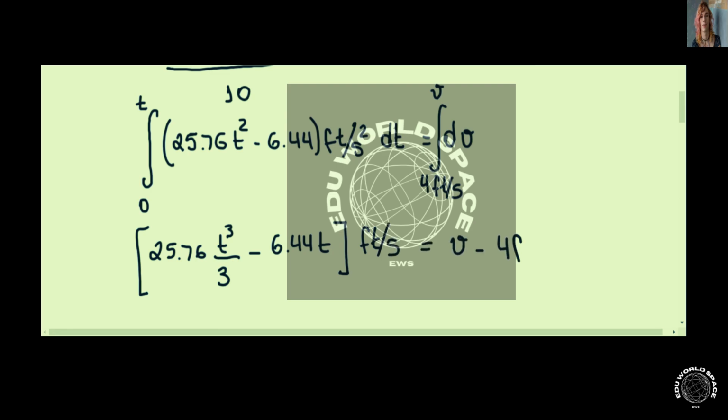Okay, so we can obtain 25.76 times t to the third over 3 minus 6.44 t, this is in feet per second. And this is equal to v minus 4 feet per second.